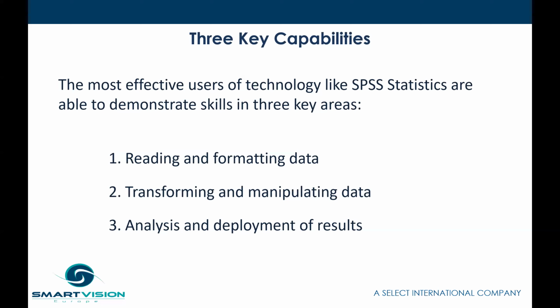So that might be something as simple as copying and pasting a chart into another platform, or it might be trying to export scores or numbers that you've generated through forecasting or through prediction or through some form of classification to a third-party system like a database or something like that.